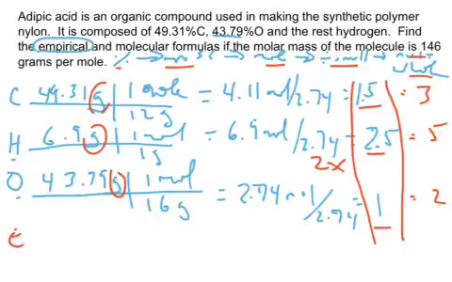So my empirical formula, now that I've got whole numbers, is going to be C3H5O2. So that is the empirical formula for this stuff called adipic acid.